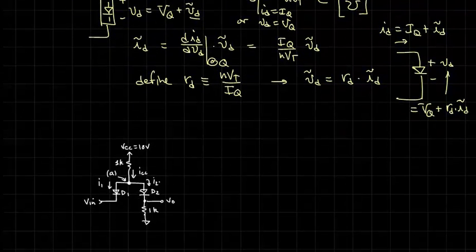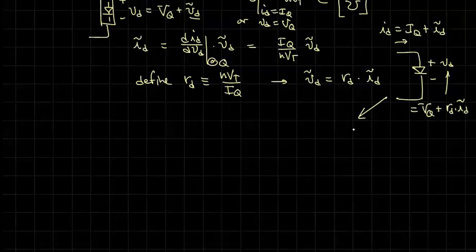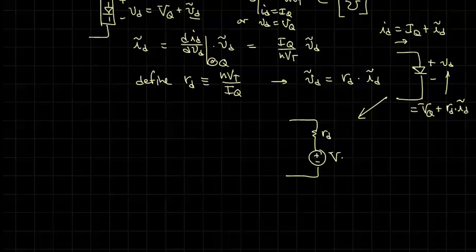So we can redraw this as follows. We can put a little resistance RD here, and we can put VQ here as our operating point voltage, and our current ID, which is equal to big IQ plus little ID, goes here.